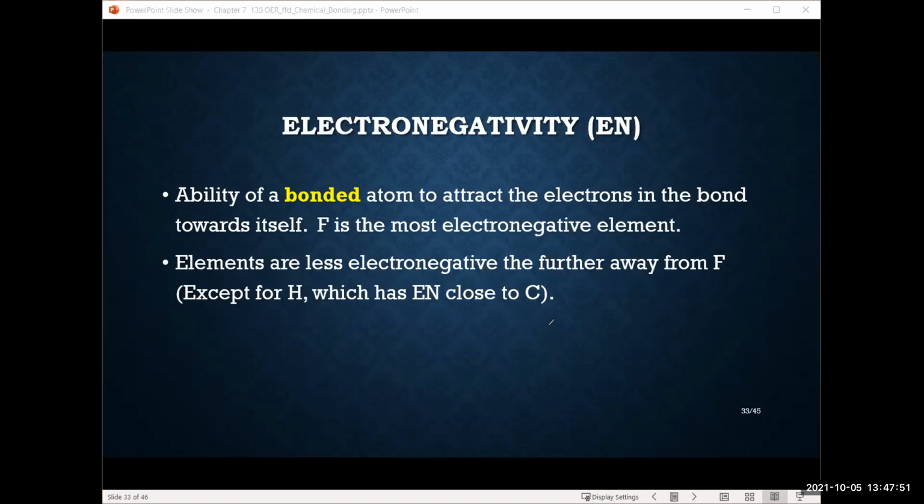Here's fluorine. So electronegativity increases in that direction and in that direction. And so if we want to compare the electronegativity of a bond between two elements, which one's more electronegative? Well, we find its position on the periodic table relative to fluorine.